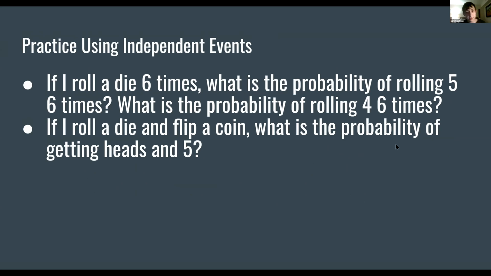So rolling a die 6 times, what is the probability of rolling 6 5s in a row? And then what is the probability of rolling 6 4s in a row? Shouldn't be too hard to figure out that second one once we get the first one.